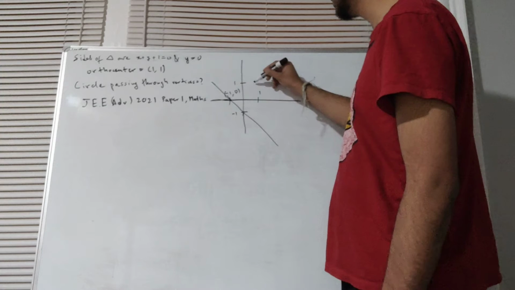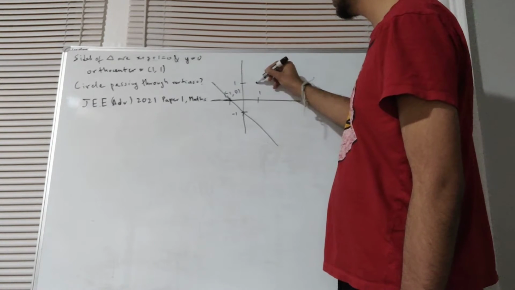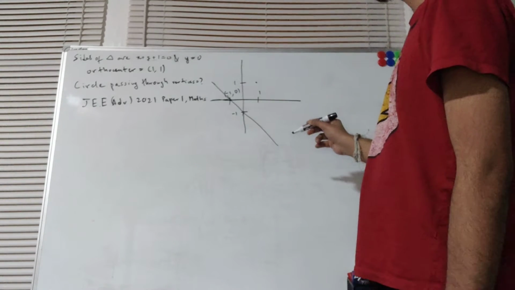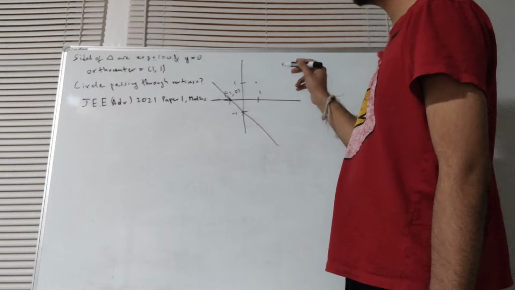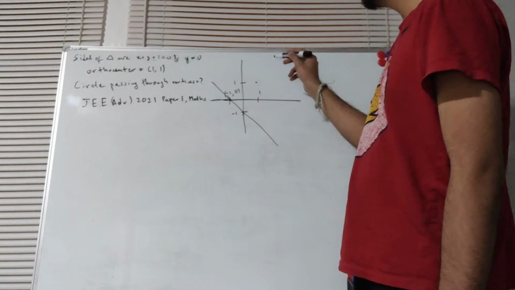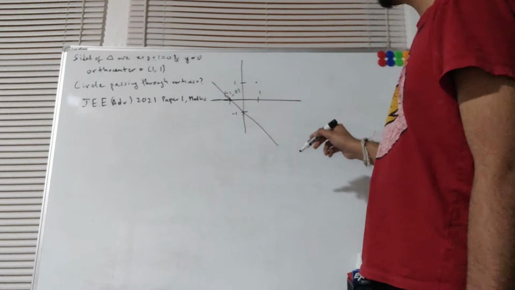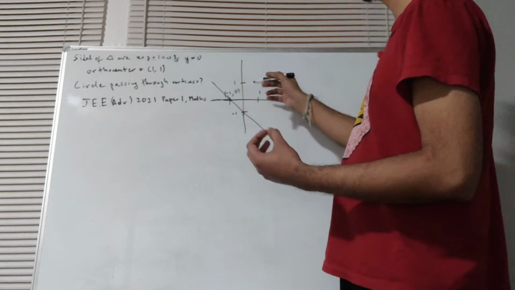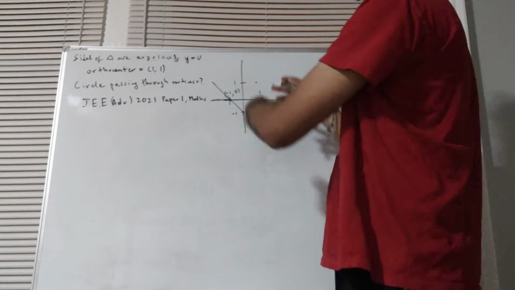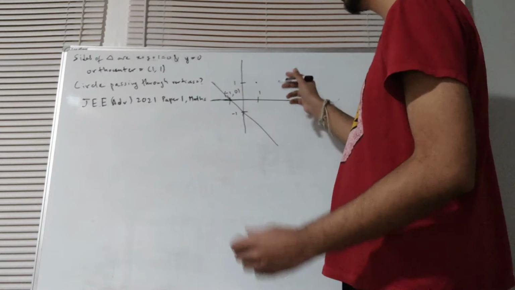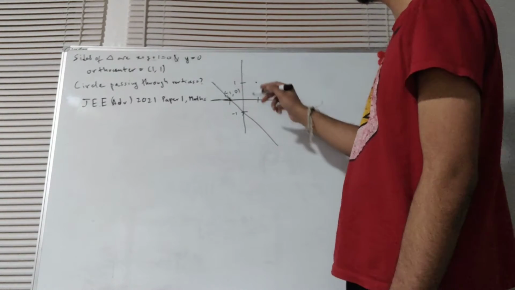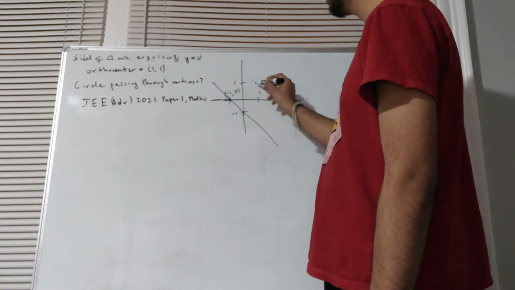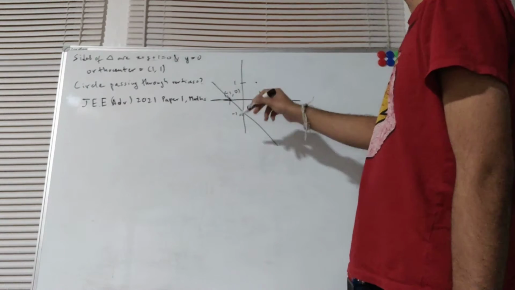And we know the orthocenter is at 1 comma 1. And the altitudes pass through each of the vertices, because the orthocenter is defined as the point of intersection of the altitudes drawn from the vertices. So basically the altitude passes through each of the vertices.